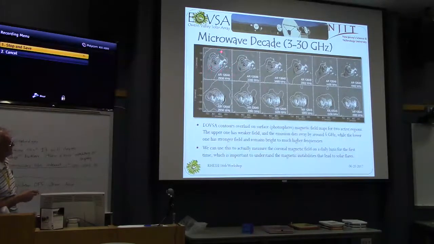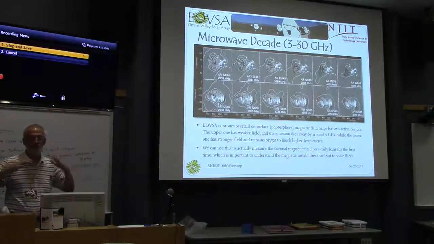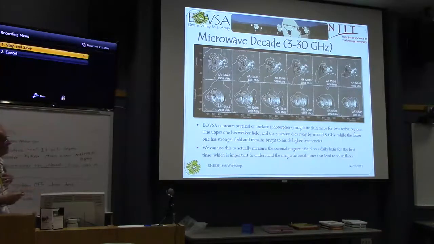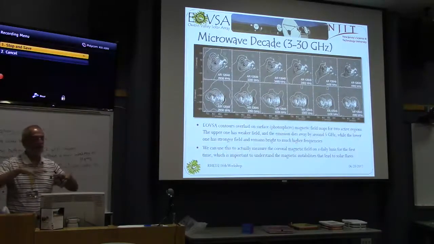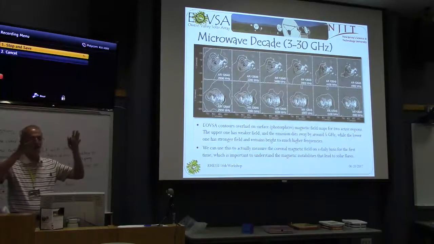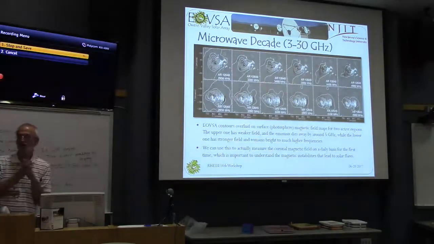So what we're doing is looking at the radial dependence of the magnetic field in the corona above the surface. There's a huge interest in the community to understand, we make the measurements on the surface, how do we extrapolate that into the corona to find out what really is going on?